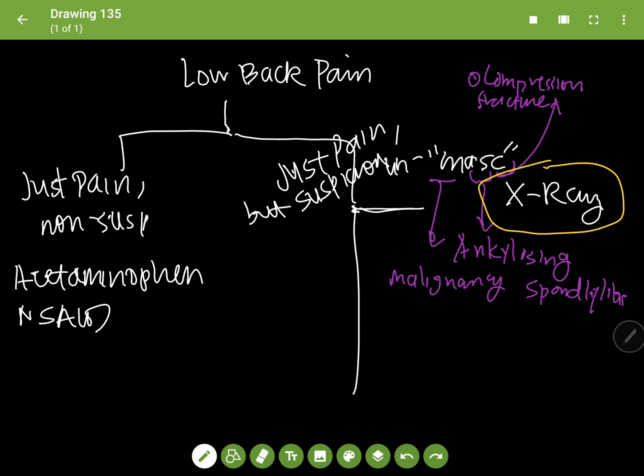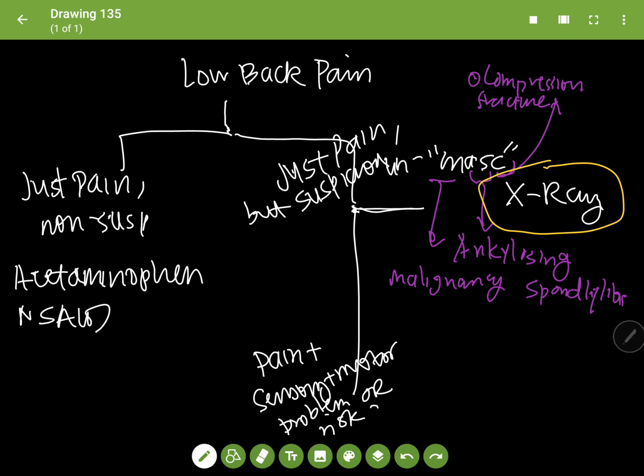So you've got pain plus some kind of sensory or motor problem, or a risk factor for CNS abscess. You're going to do an MRI.